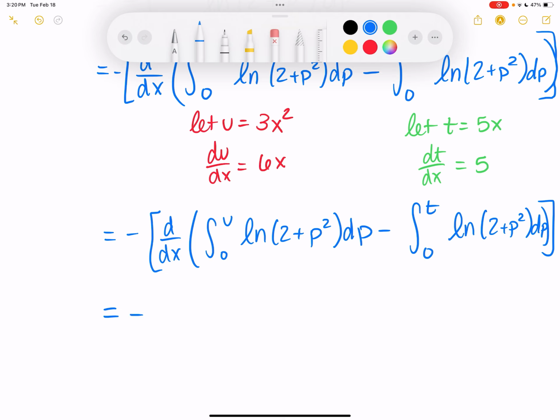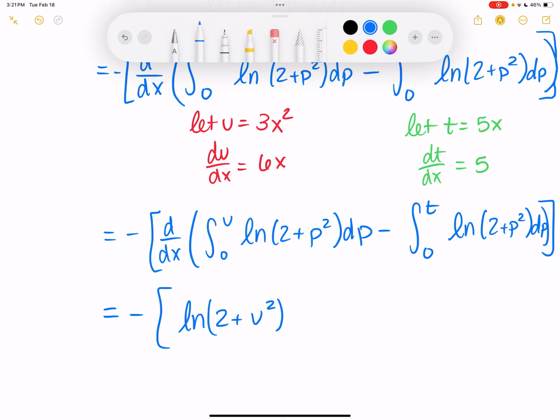So then we've got the negative out here. I'm just going to keep the bracket. So this becomes, just this part, ln of 2 plus u squared.